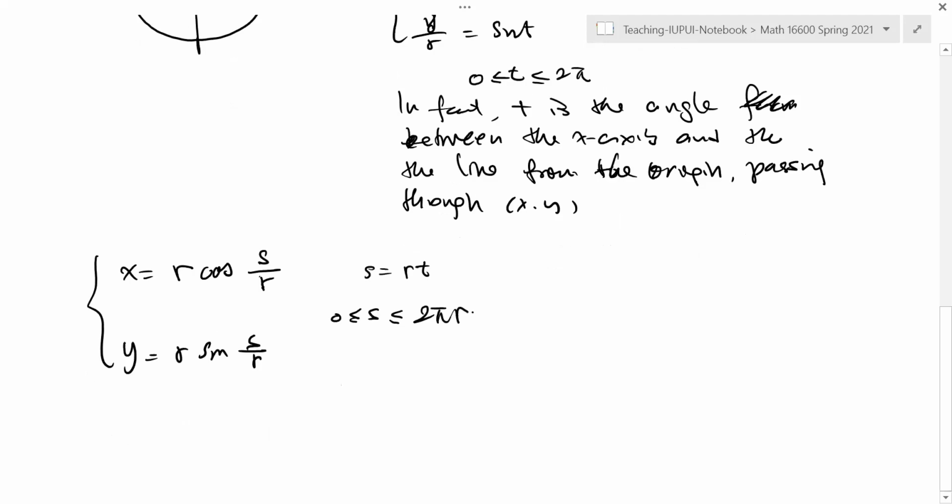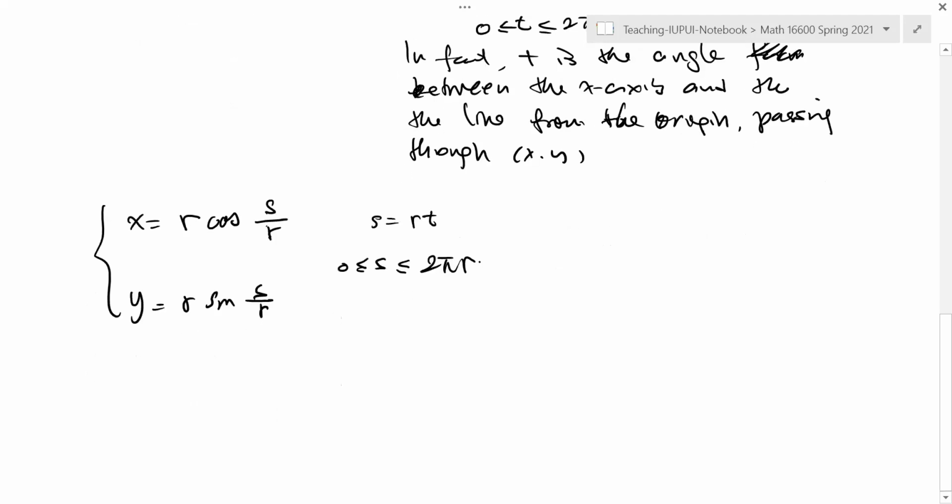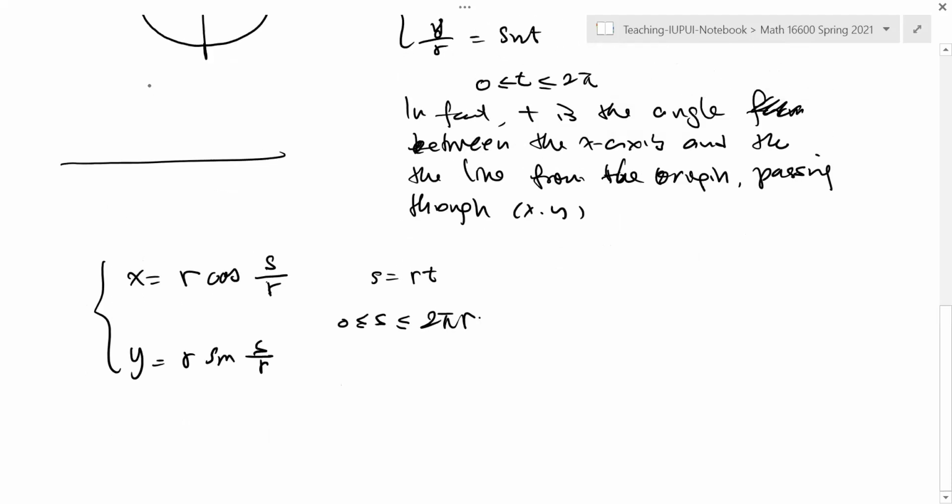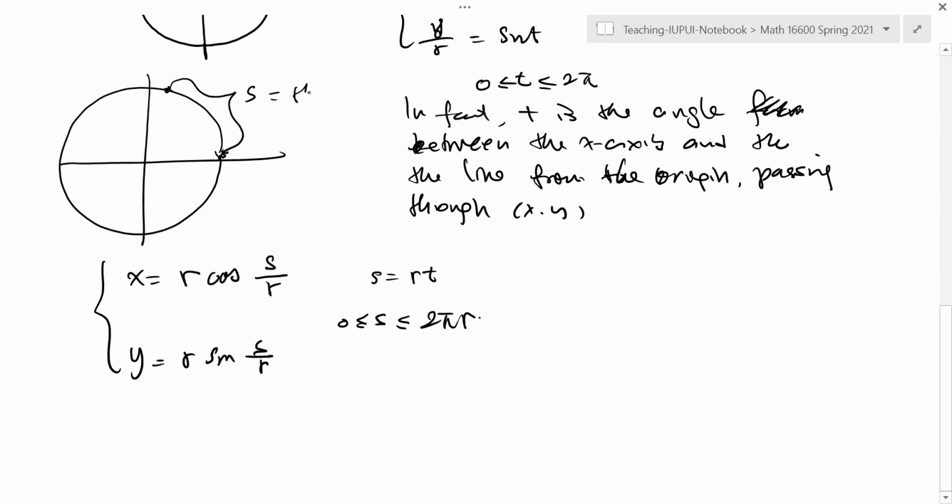Now, what is s here? s is actually the arc length from here to here. We use the arc length to tell the location of the point on the circle.